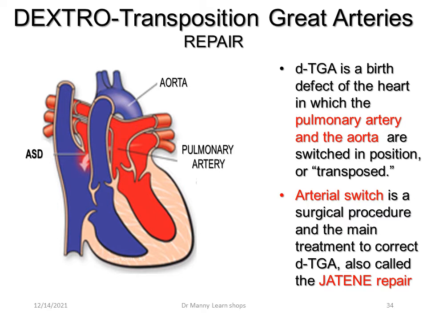An arterial switch is the surgical procedure that is most commonly done these days as the main treatment to correct DTGA, and it's also called the Jatene repair, which you can review if you choose to, as I said in the Learn on congenital heart disease and the interventions.